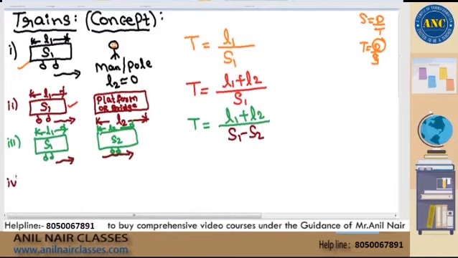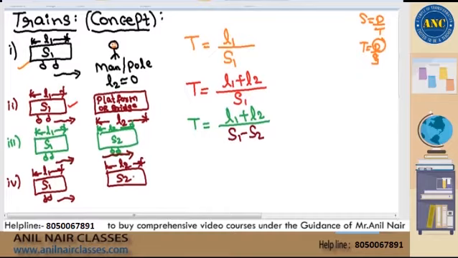And the last concept: a train with speed S1, length L1 is moving in this direction. There is another train with speed S2 and length L2, moving in the opposite direction of the first train, in a different track. Your question is, how much time will the train L1 take to completely cross the train L2?